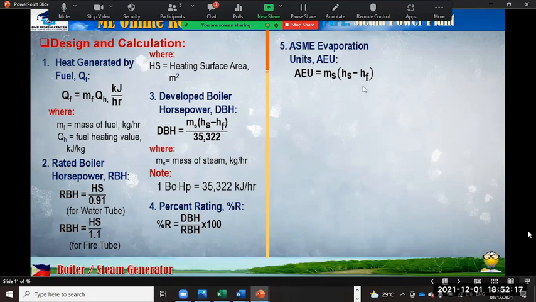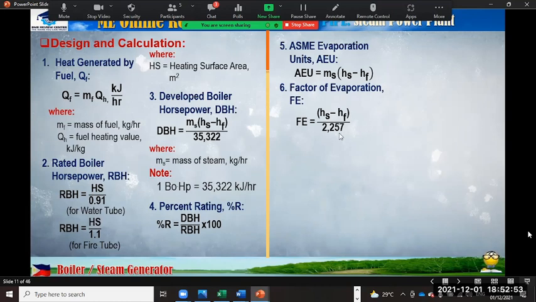is kilojoules per kilogram. Then we have also the one called the factor of evaporation, that is FE. The factor of evaporation is equal to the ratio of the actual energy in kilojoules per kilogram achieved by the steam divided by the amount of heat that is needed in order to vaporize the water, okay, per unit.